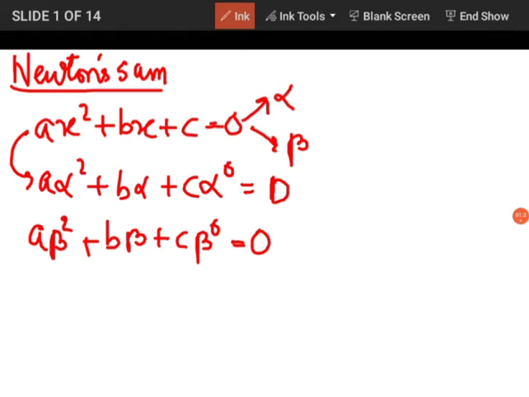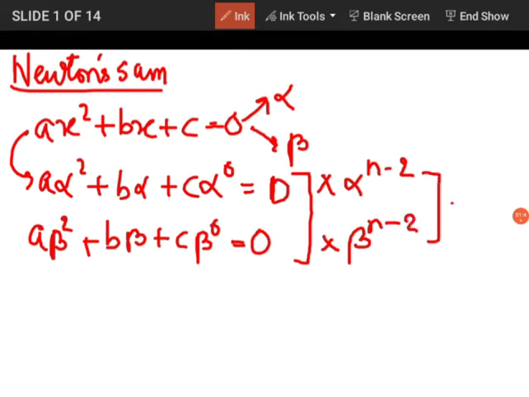Correct. Now what we did in the last lecture, we multiplied the above equation with alpha raised to the power n minus 2 and the bottom equation with beta raised to the power n minus 2, and then we added both of them. Now is this step correct?